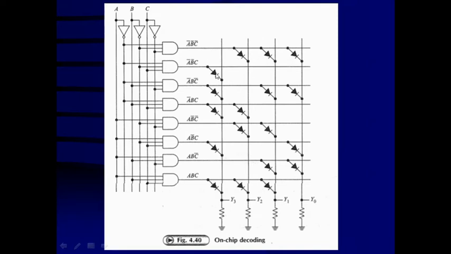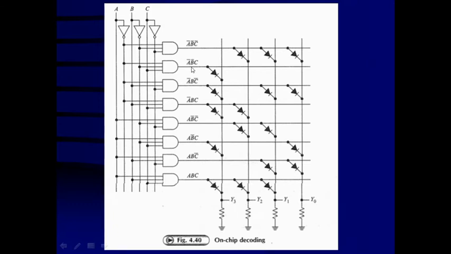Now if you see, there are 4 vertical lines, so 4 Boolean equations can be generated. These are the fundamental products. They can be ORed using these diodes. Whichever diode is connected from horizontal to vertical, that fundamental product is ORed in that sum of product equation. Suppose, what is Y3 equal to?